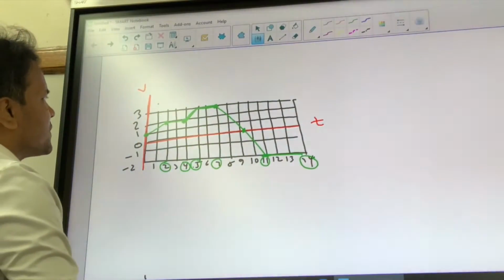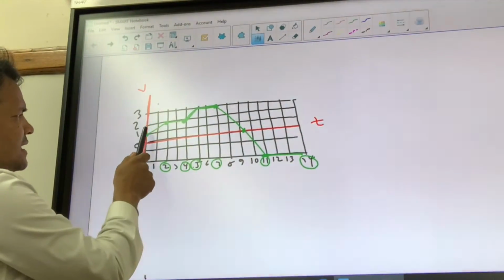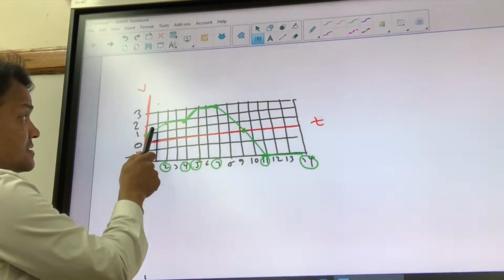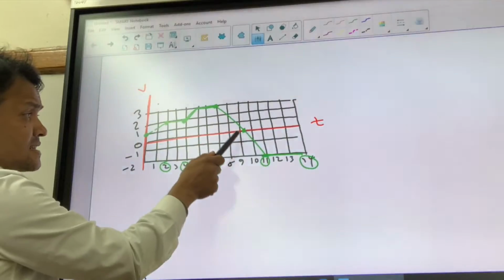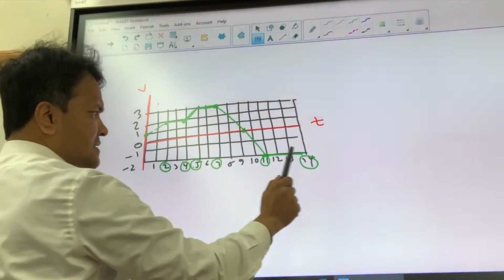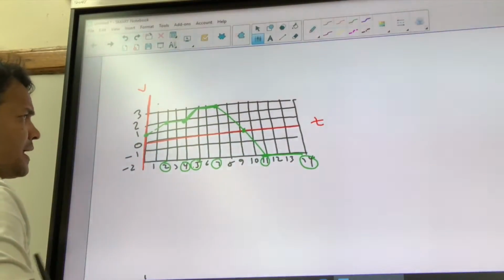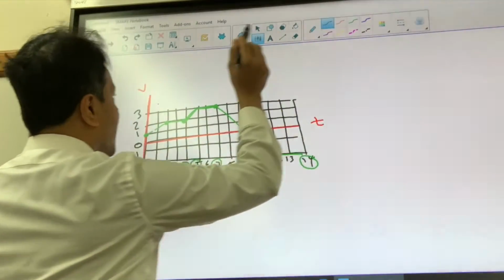So what do we know now? We know that the acceleration is constant here. Acceleration is 0, acceleration is constant, acceleration is 0, acceleration is negative, and acceleration is 0. Now we're going to collect some data.